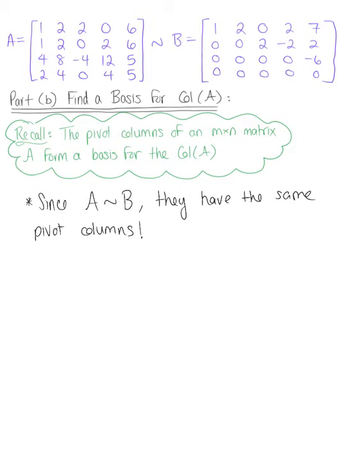So we already know from part A that we have pivot columns in vector B sub 1, in vector B sub 3, and vector B sub 5.